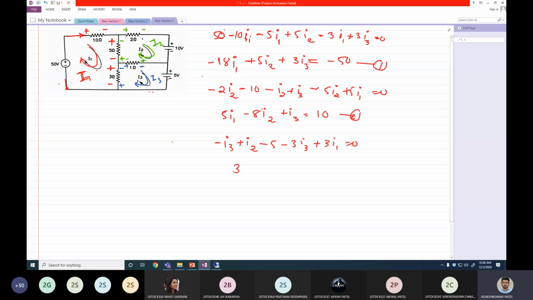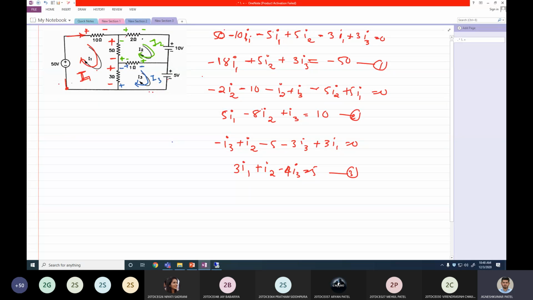So simplifying this, I'll get 3I1 plus I2 minus 4I3 is equal to 5. This is my equation 3.